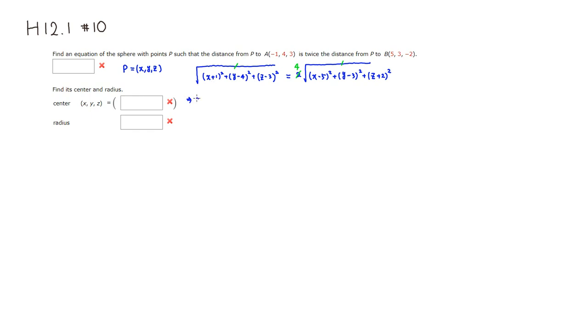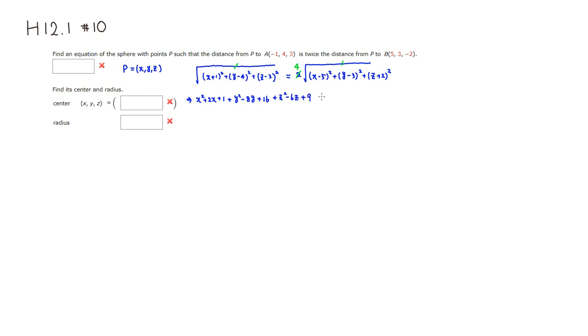Multiplying it out, you're going to get x squared plus 2x plus 1, plus y squared minus 8y plus 16, plus z squared minus 6z plus 9.